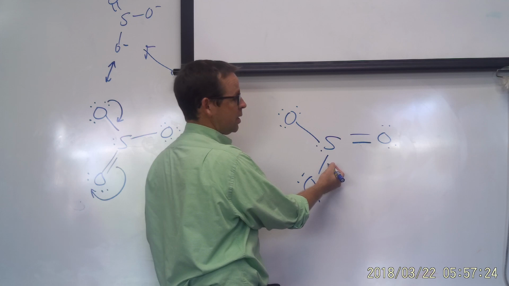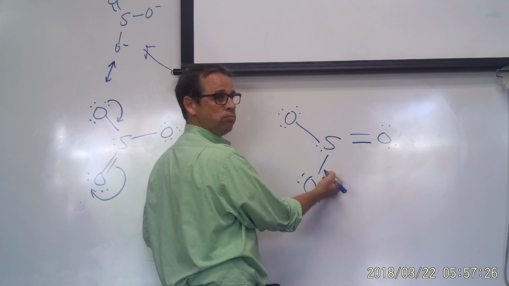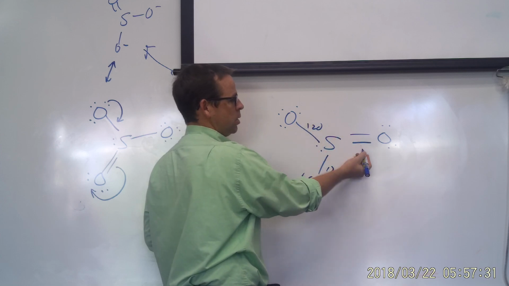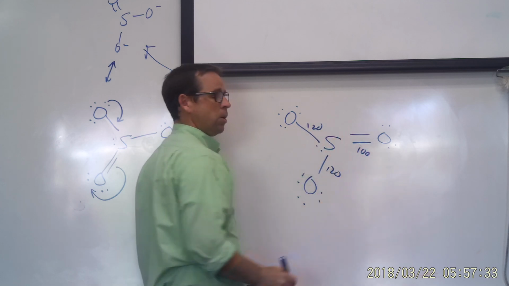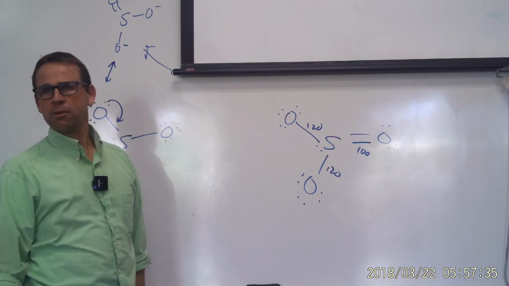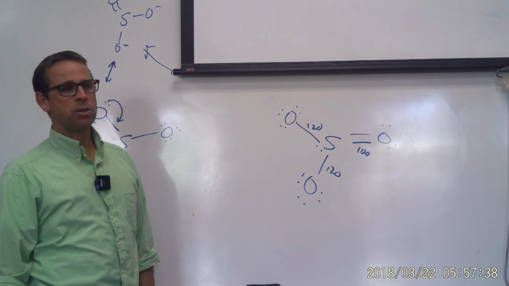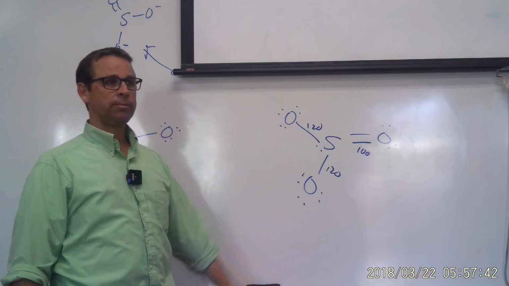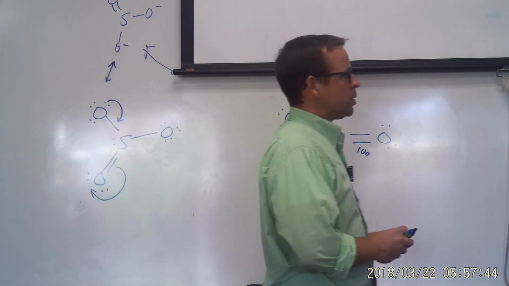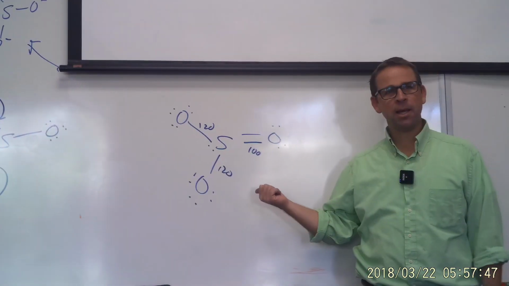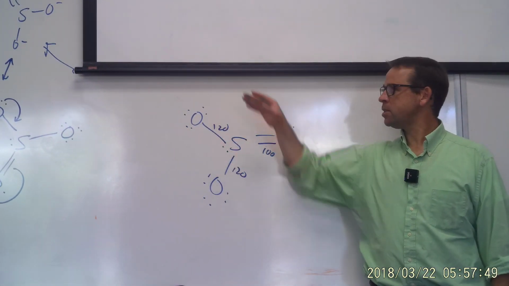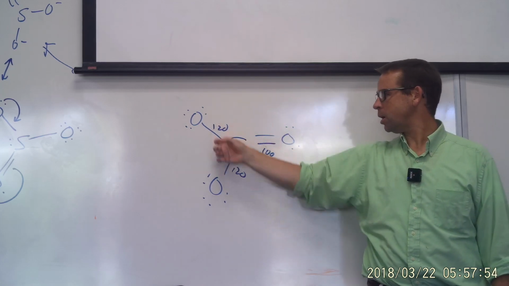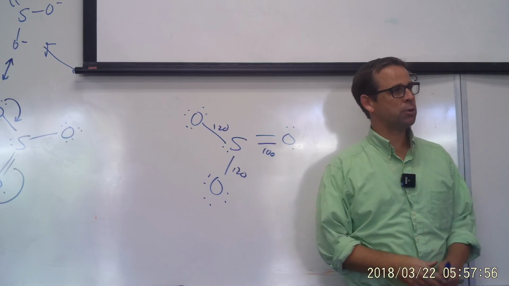Okay, so this length is how long, this sulfur-oxygen bond? 120, this one? 120, and this one? 100. So what's the average length of those bonds? How would you do that? Add them up and divide by 3. Does that make sense? So because it's in a solution like that, and these resonance structures would be changing between each other, the actual length of this bond would look like the average of those bonds.